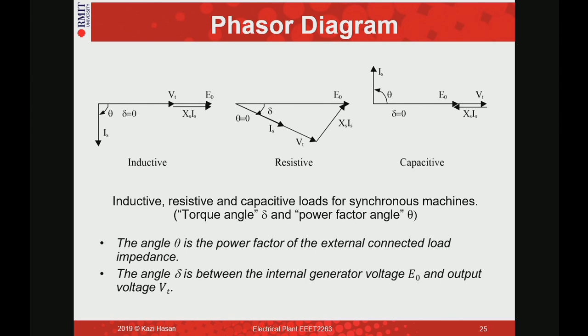But in practical load, there will be some angle. So your I will not be aligned with E, your I will not be perpendicular, 90 degrees here or 90 degrees there. What will happen in that case? Can you see anything?